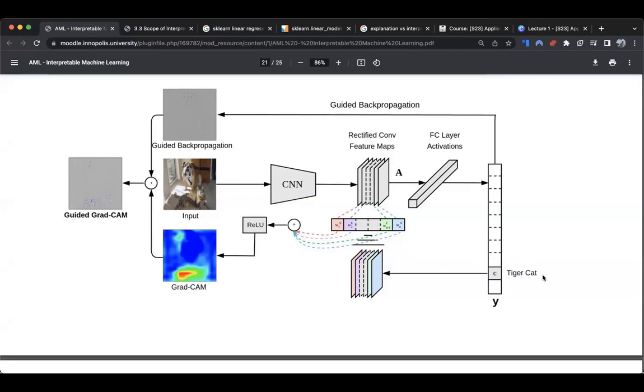If this convolutional feature map was very important for the prediction, it will have high gradients in here, like 5, 10, 500, something like that. If it was extremely useless, then it will have zero-ish numbers. And if it was very negative, very bad for that category, then it will have negative numbers. So this is what we get.